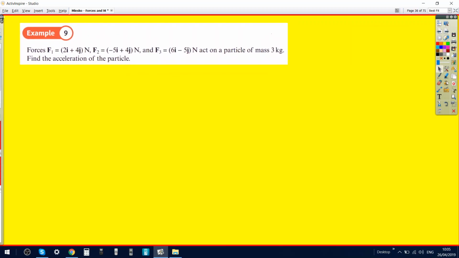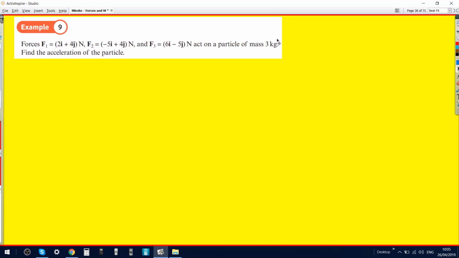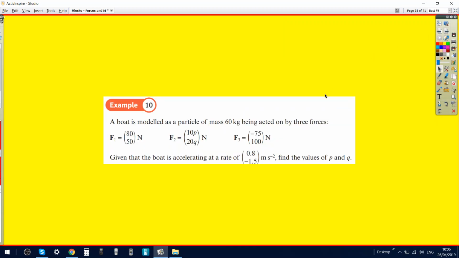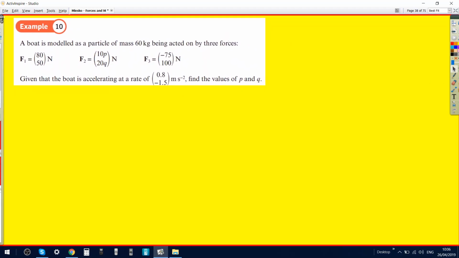Let's see, this one, is it worth acceleration? I think it'll be fine there. And then this one looks a bit different because they've written it this way. Let's try this one. All right.